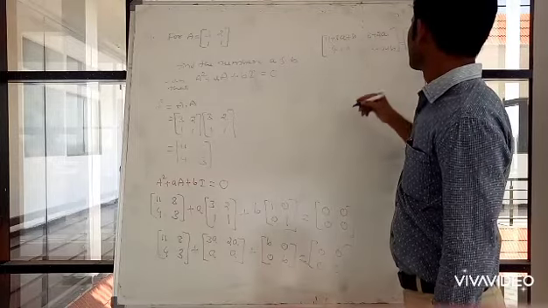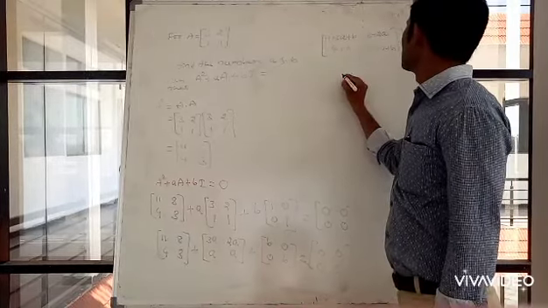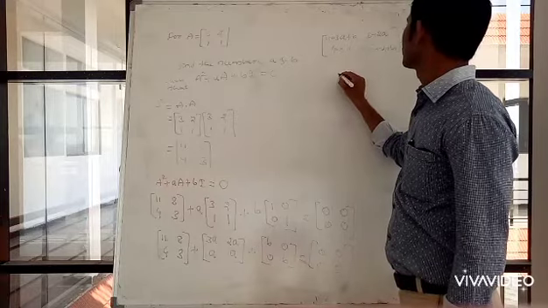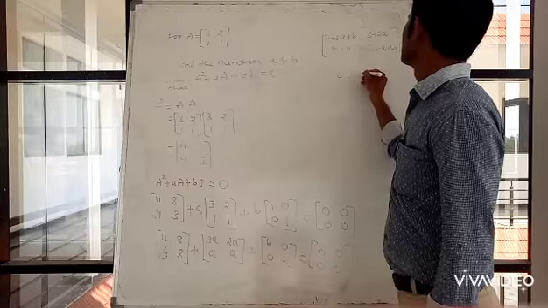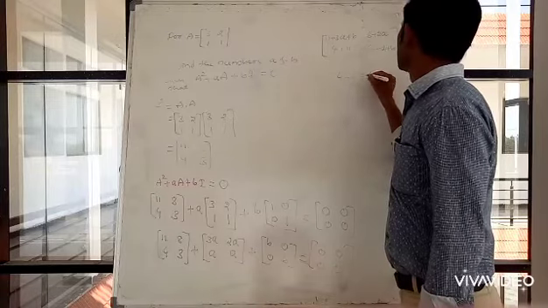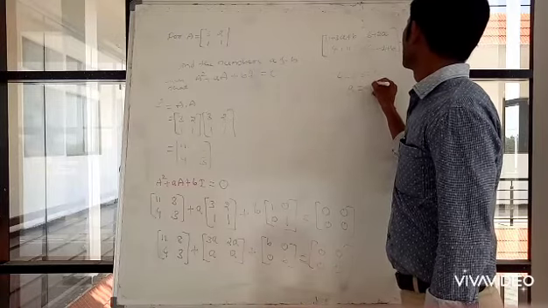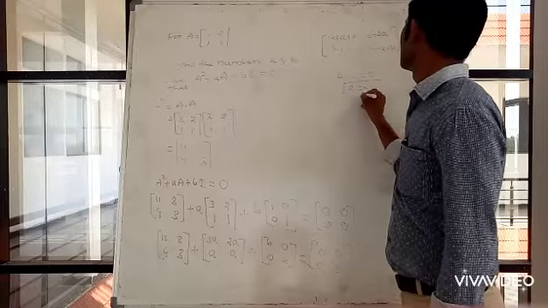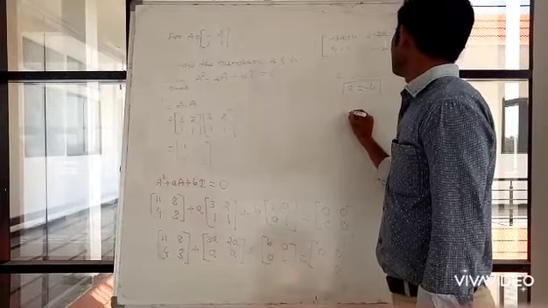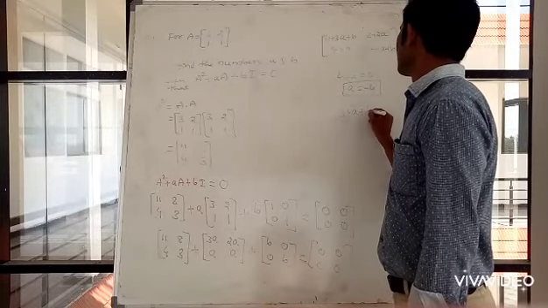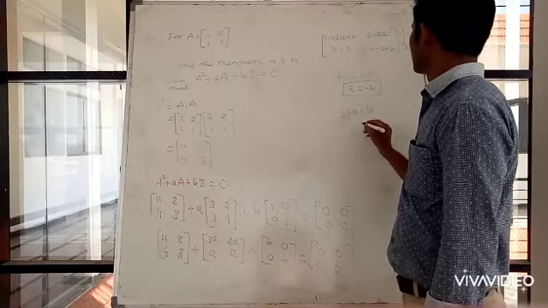So if you consider this, we get a value. 4 plus a is equal to 0, so a is equal to minus 4. Then 3 plus a plus b is equal to 0.